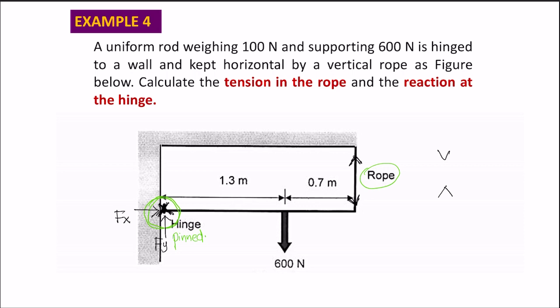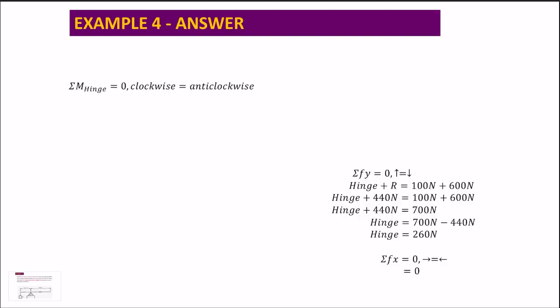Sebab when we want to solve any equation related to the moment, right? Kita akan try to take dekat the connection ataupun dekat dia punya joint. Okay, so hinge adalah the support, joint ataupun connection, right? So I take moment dekat hinge, which is equal to 0, clockwise equal to anti-clockwise.